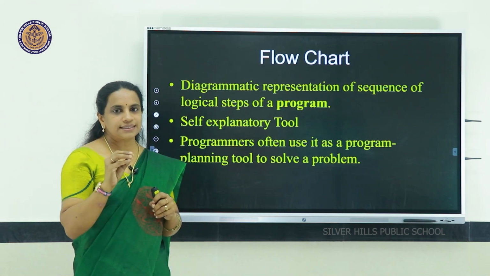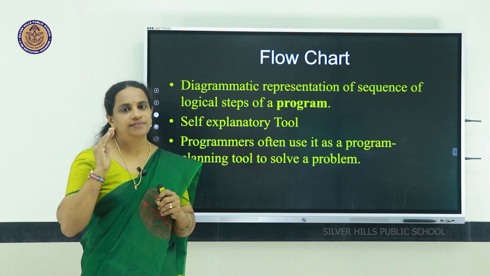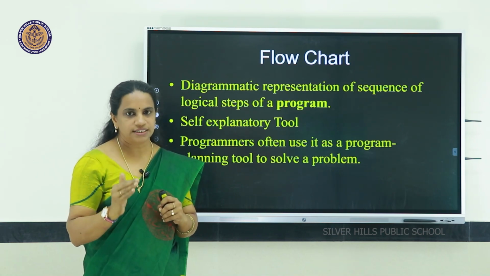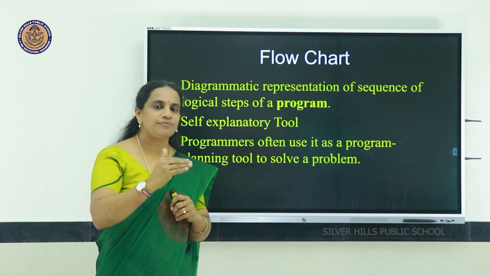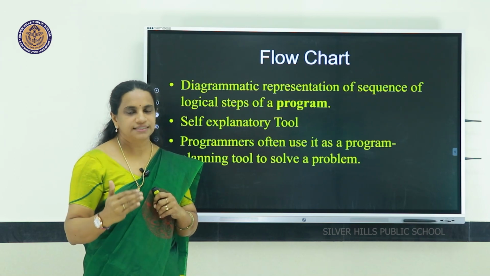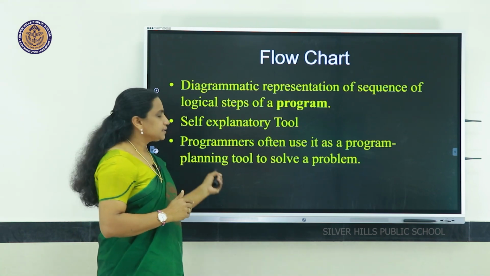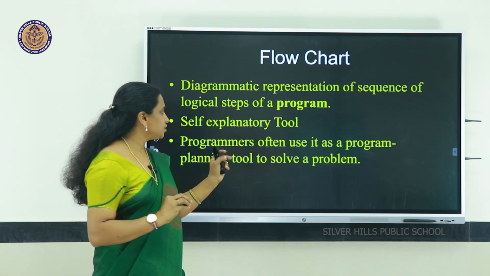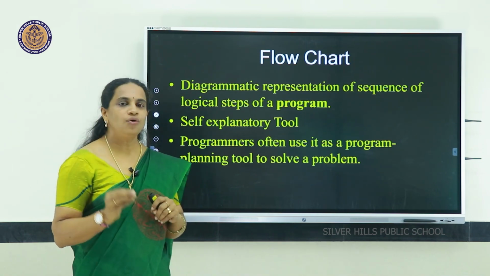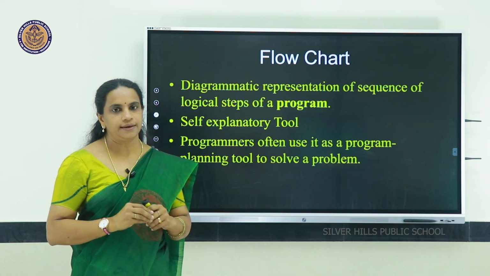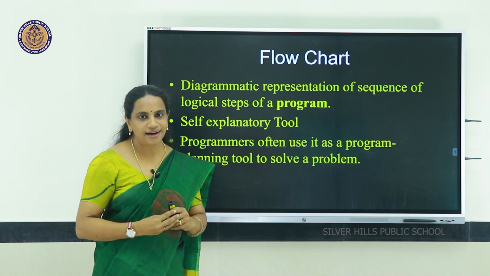That means once a flowchart is created for a program, we can easily convert that flowchart into any programming language, such as Java, C++, Python or any other language. Most of the time, programmers use this as a tool for solving a problem. Now, let us see how we can draw a program flowchart. This will help you in art integrated learning also.